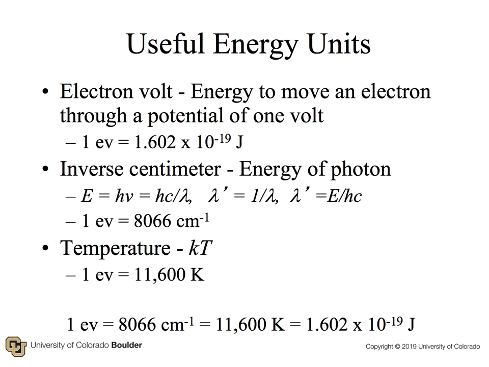Energy of a photon is equal to h nu, which is equal to hc over lambda. So lambda is inversely proportional to the energy, and 1 over lambda is often called lambda prime. That's equal to the energy over hc, and 1 eV in units of inverse centimeters comes out to 8,066.